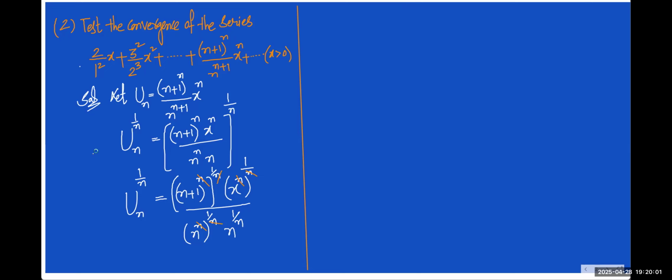These are the terms which we are cancelling. Before applying the limit, let us apply the limit n tends to infinity on both sides. Limit n tends to infinity, Un to the power of 1 by n is equal to x, which is free from the limit. So take it out. Limit n tends to infinity. Here, what's left? Tell me, n plus 1 now. Can I write it like this? 1 plus 1 by n.